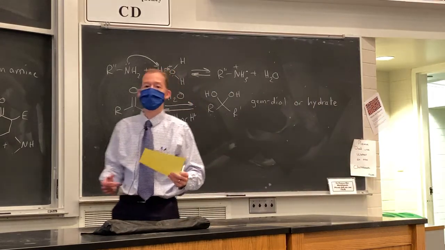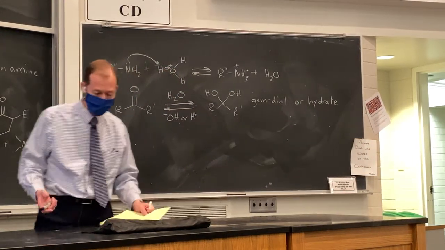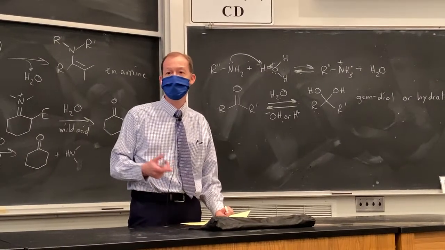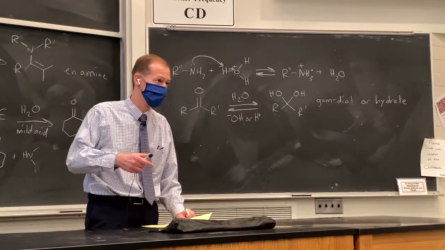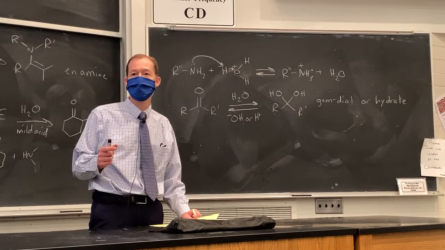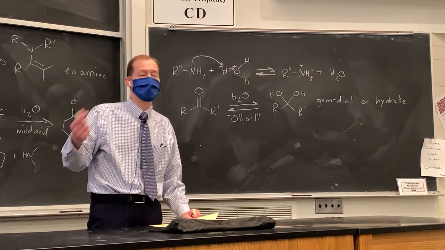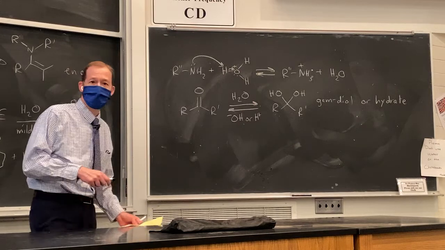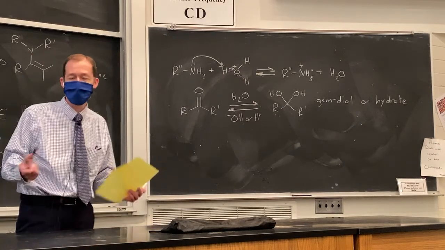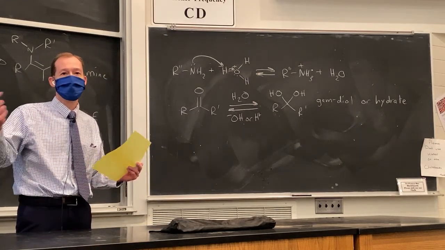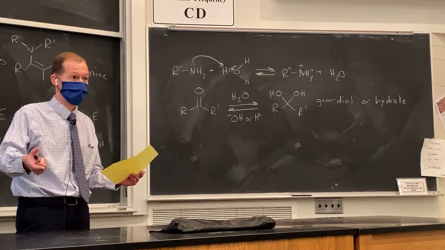And we actually learned about hydrates last semester as intermediates in oxidation reactions from chapter 12. We learned that when you oxidize a primary alcohol to an aldehyde, when you have water and acid present, like here, you can form a hydrate, and then you can oxidize that hydrate to a carboxylic acid.